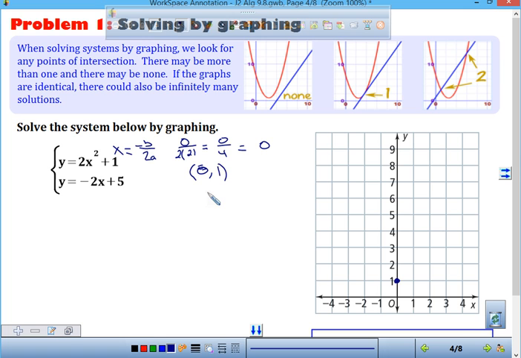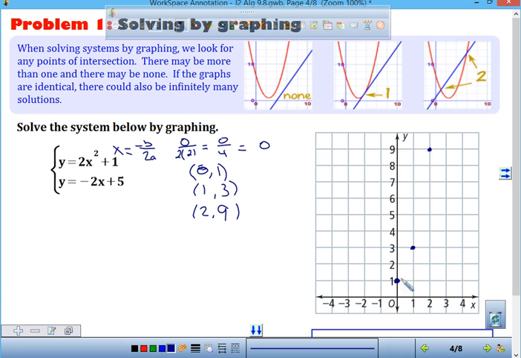What did I do to find other points? Above 2 or below 2. I'm going to use positive 1 and positive 2. So 1 squared, 1 times 2, 2 plus 1. So we have (1, 3). And then 2 squared times 2 plus 1 is 9, so we have (2, 9).